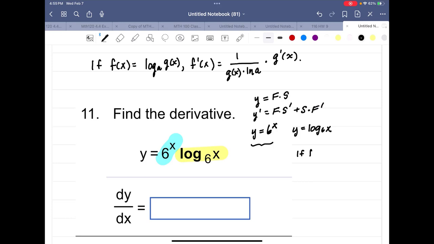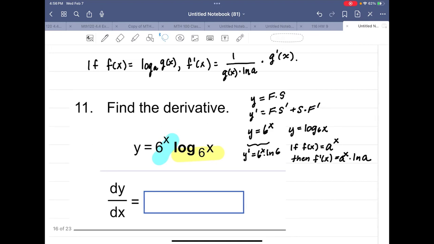If f of x is a to the x, where a is a number, then f prime of x is a to the x times the natural log of a. So if our first one is y equals 6 to the x, then our y prime is 6 to the x times the natural log of 6.